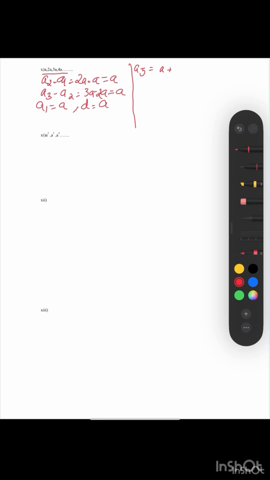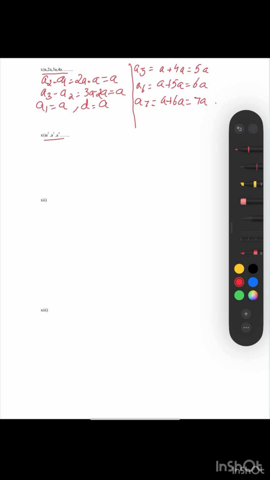In place of a, we have a only. In place of d, we also have a. So this will become a plus 4a, 5a. a6 is a plus 5d, with d replaced by a, so this will become 6a. Again, a7 is a plus 6d, that is 6 into a, which will become 7a. The next part is a square, a cube, a4 and so on.